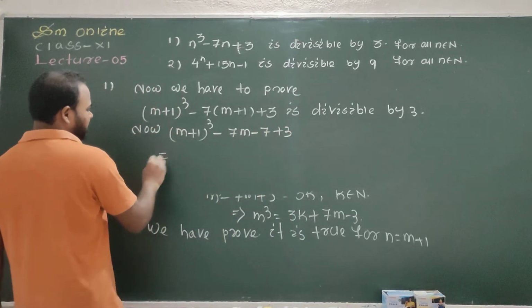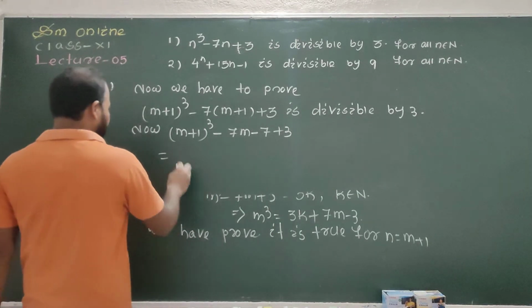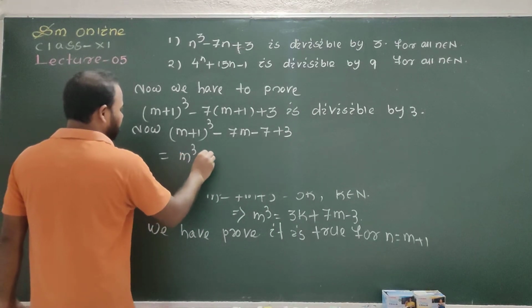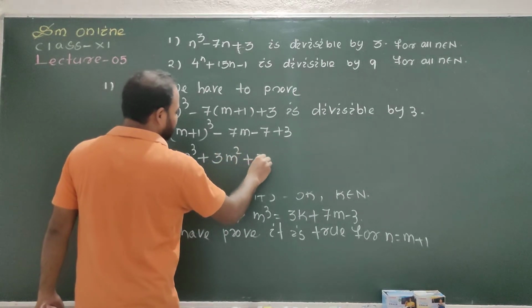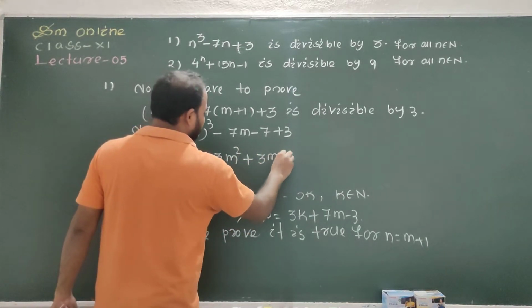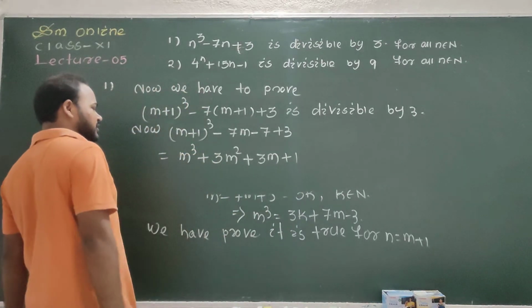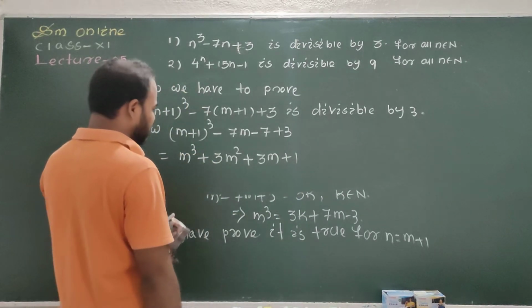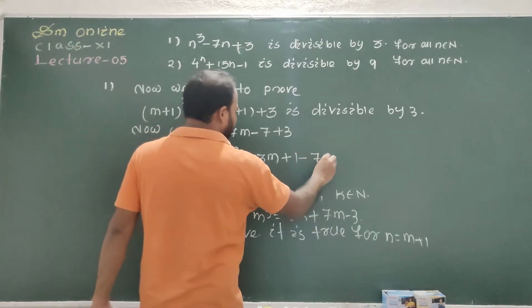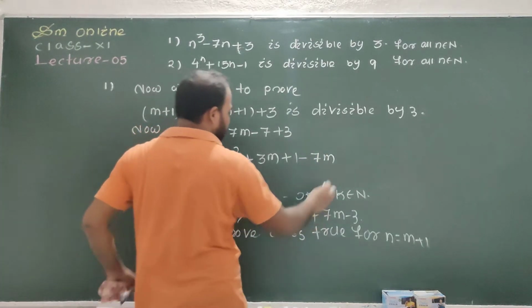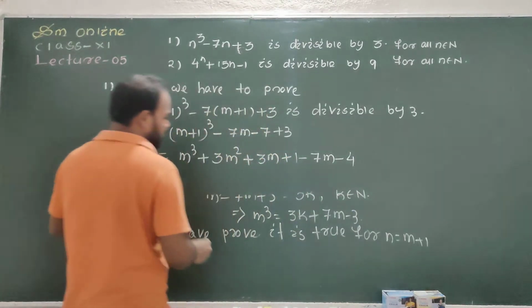Using (a plus b) whole cubed equals a cubed plus b cubed plus 3a squared b plus 3ab squared, this is m cubed plus 3m squared plus 3m plus 1, minus 7m, and minus 7 plus 3, which is minus 4.